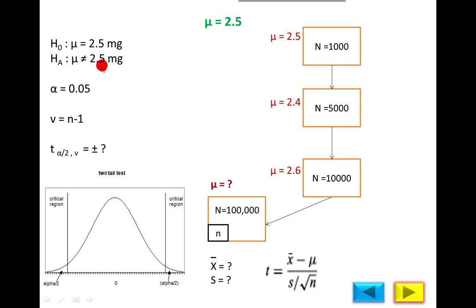But in testing of hypothesis, we accept or reject. If you have two choices, either accept or reject, then we apply the testing of hypothesis. If the requirement is the minimum and maximum range of the acceptable limit, then we calculate the confidence limit. After testing of hypothesis, we will study the confidence interval according to the steps or procedure.